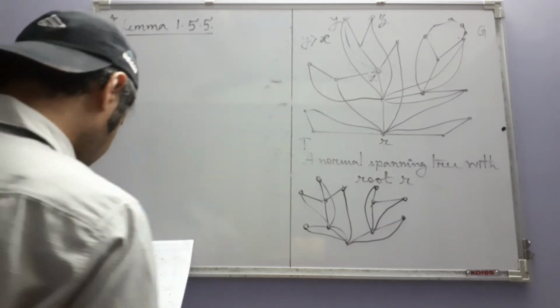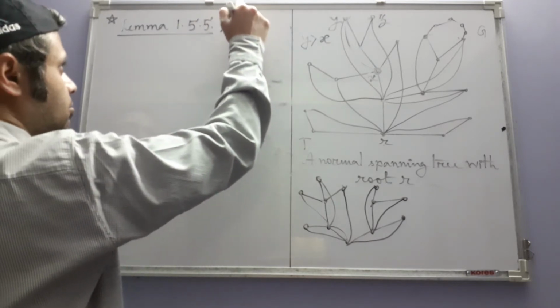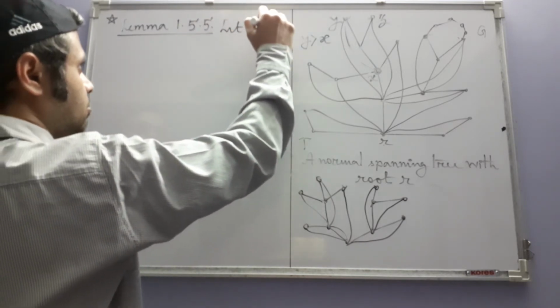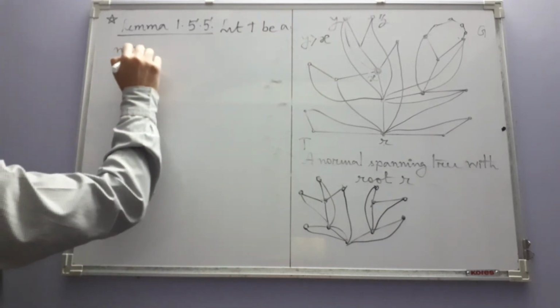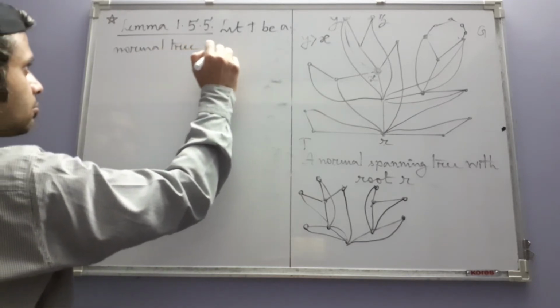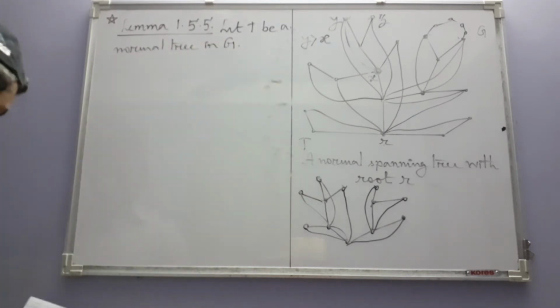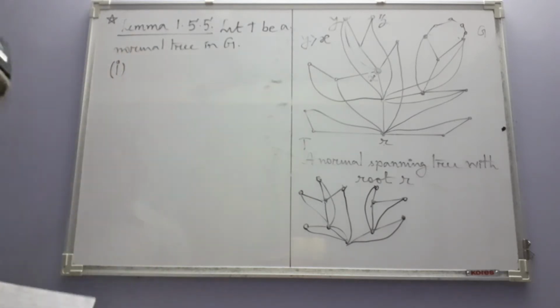Okay. Let T be a normal tree in G. There are two parts.